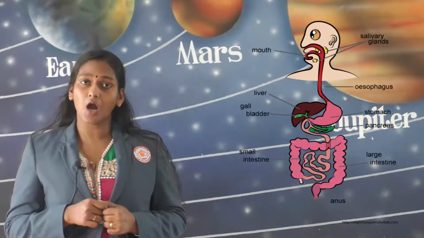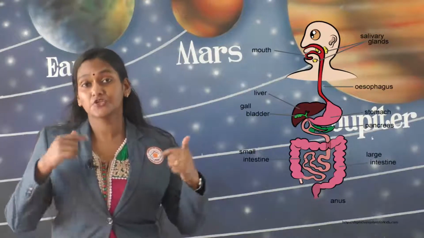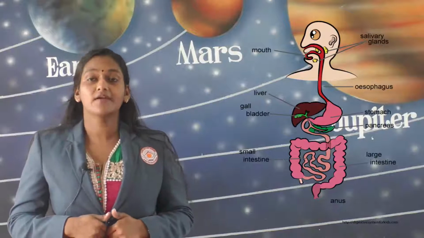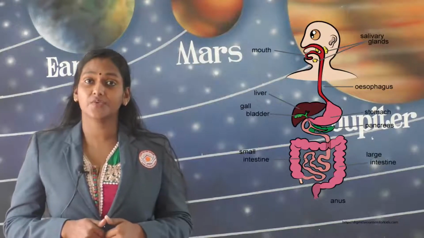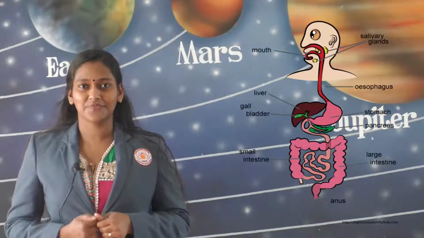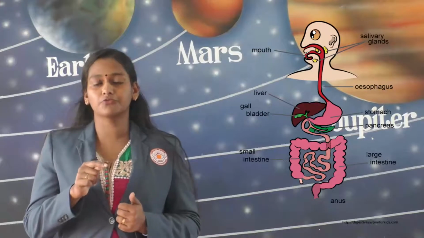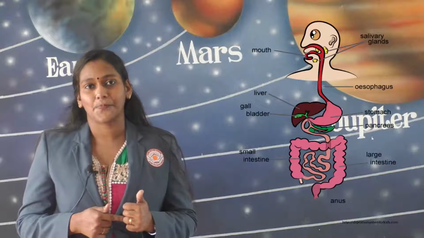So from the mouth, food passes through the food pipe to the stomach, where it is acted upon by the digestive juices secreted from the liver and pancreas. Here the breakdown of food takes place further to complete digestion.